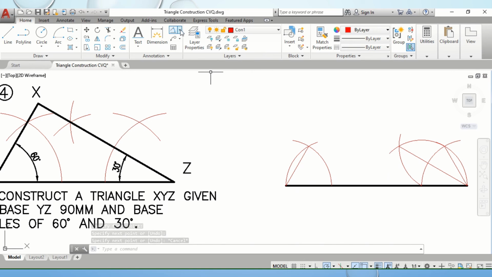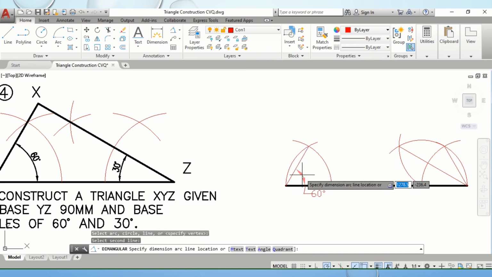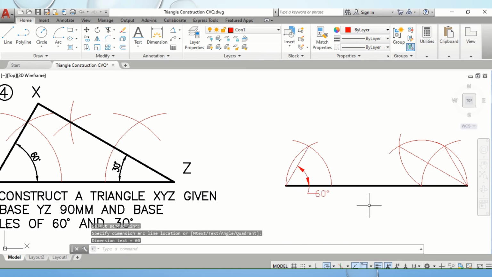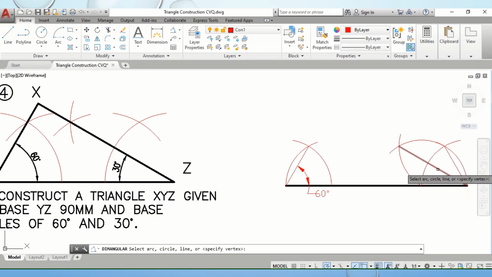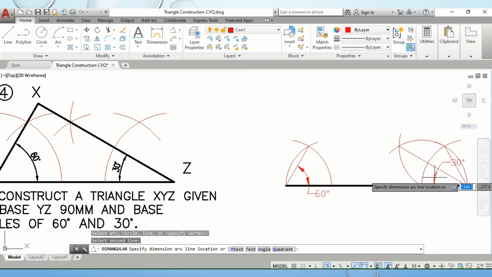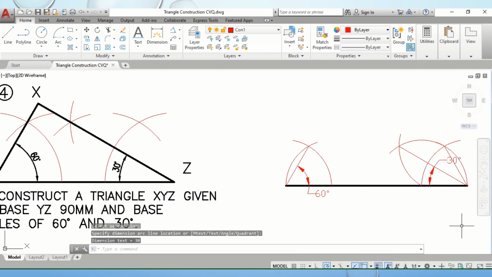Let's just check. Remember using angular. So that's 60 degrees. And that's 30 degrees. That's the required angle that we're looking for.